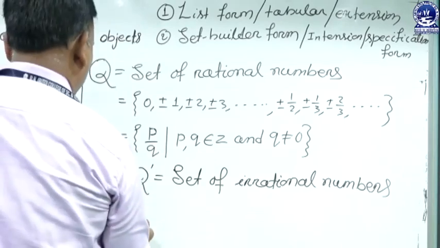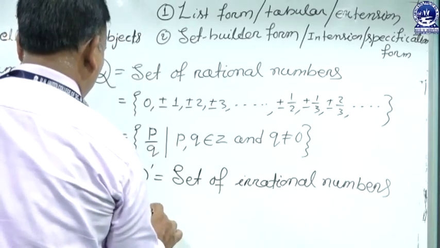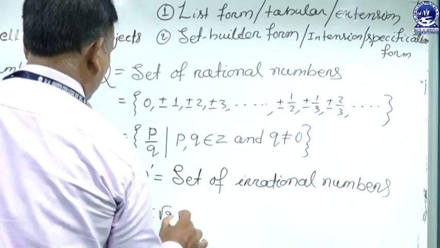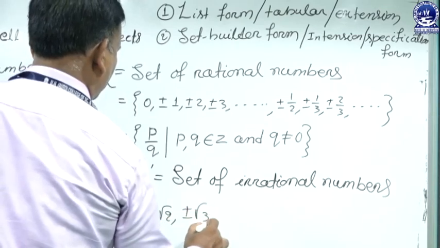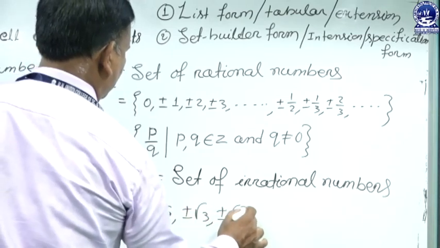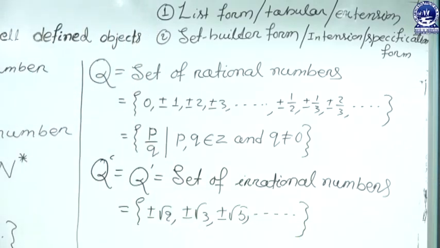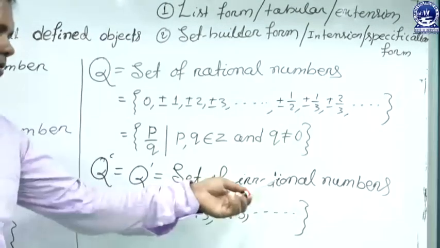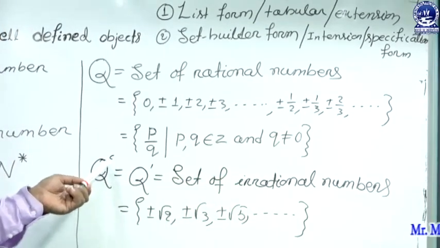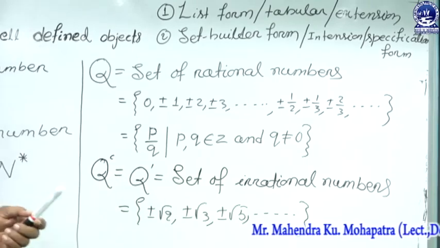So what are the irrational numbers? Plus minus root 2, plus minus root 3, plus minus root 5. These are called irrational numbers. The set of irrational numbers is represented as Q complement or Q prime.